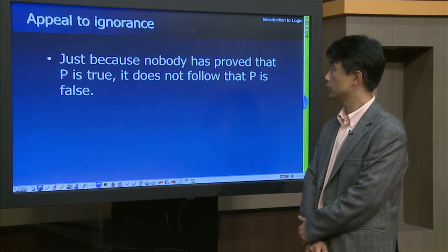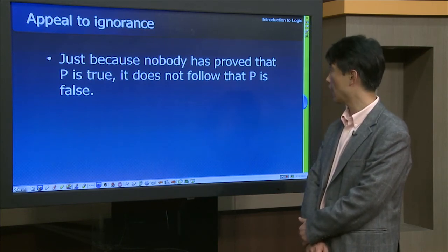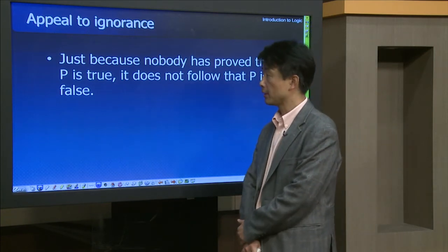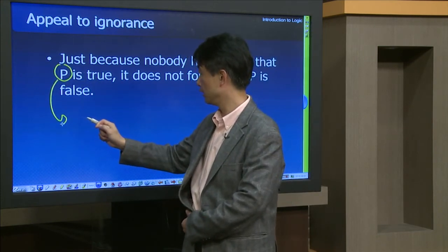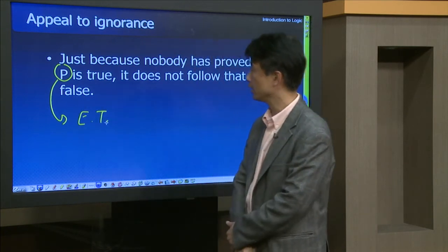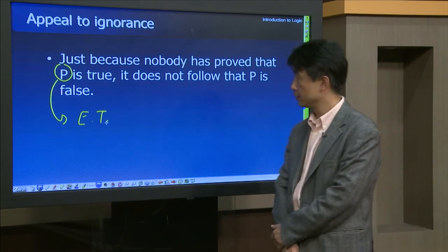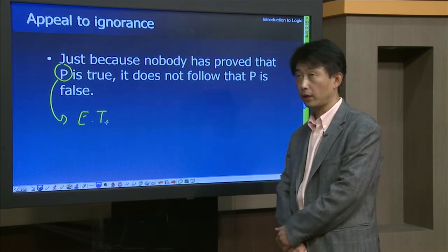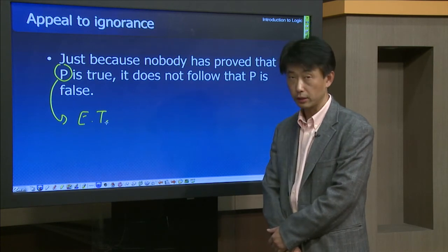Appeal to ignorance. Just because nobody has proved that P is true, it does not follow that P is false. Okay? For example, P might be, say, E.T., alien, intelligent being other than us. And nobody has so far proved that there are alien creatures other than us.